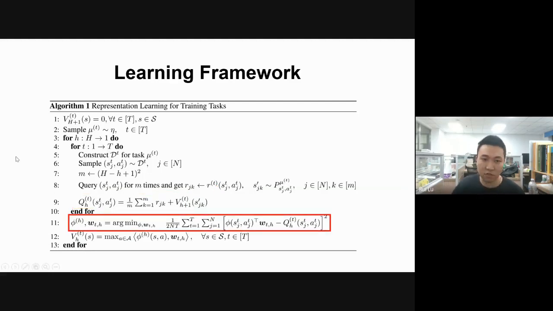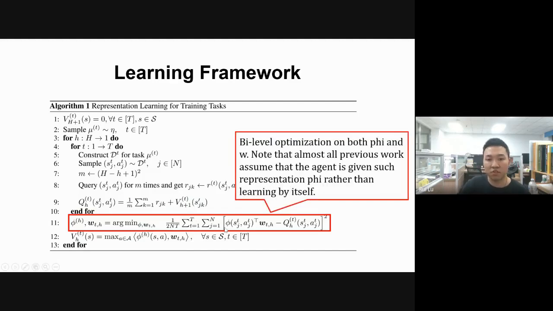And then after you construct this Q learning label, you do this optimization procedure. So you do a bi-level optimization on phi, this representation function, and W. And you can see here, this phi SA dot product with W is your estimation for the Q value.